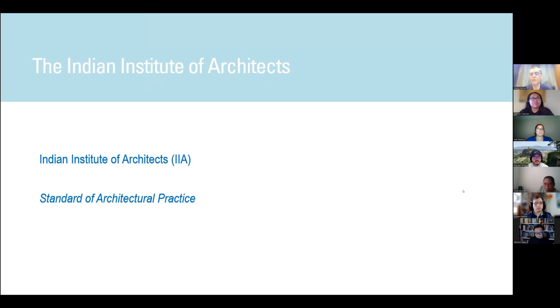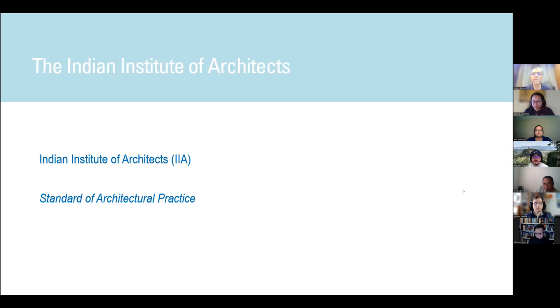And as of now, IIA is the practice wing of Council of Architecture. I will come to Council of Architecture in the next slides. One of the chief objectives of Indian Institute of Architects is to encourage the study of architecture, to elevate the standard of architectural practice, and by mutual support to promote the interest of architects throughout India.